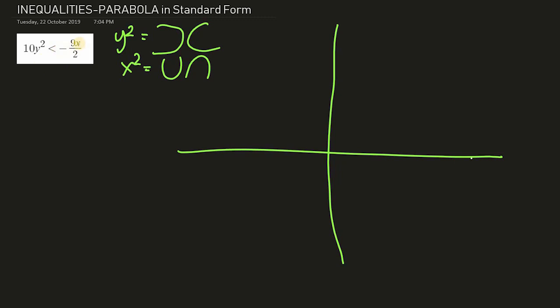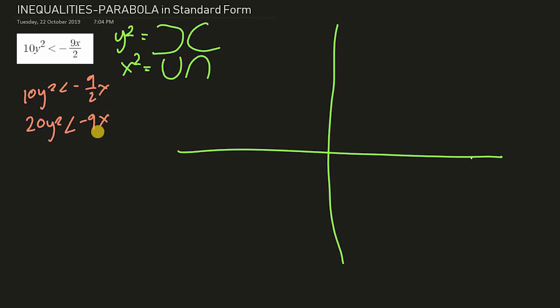Okay, so let's try solving this. First thing to do, guys, is dapat ma-isolate natin sa isang side yung walang square, which is x. Dapat x lang yung matira dito, and that should be positive. So, how should we do that? Ita-transpose natin to 2. So, that's 10 y squared is lesser than negative 9 over 2x. Transpose natin to 2 sa kabila. So, that would be 20 y squared is lesser than negative 9x. And as I said a while ago, dapat x lang yung matira sa kabila.